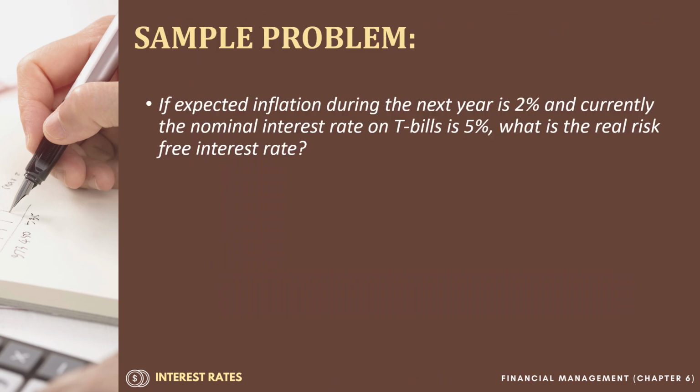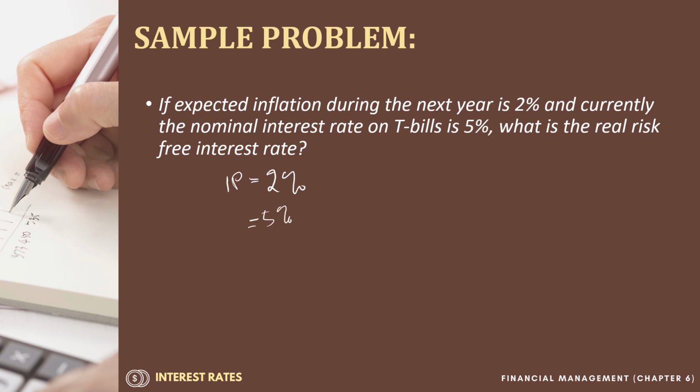Now let's have a sample problem in determining the different types of market rates or interest rates. First is if expected inflation during the next year is 2%, so that is the inflation premium, 2%, and currently the nominal interest rate on T-bills is 5%, so that is 5%.